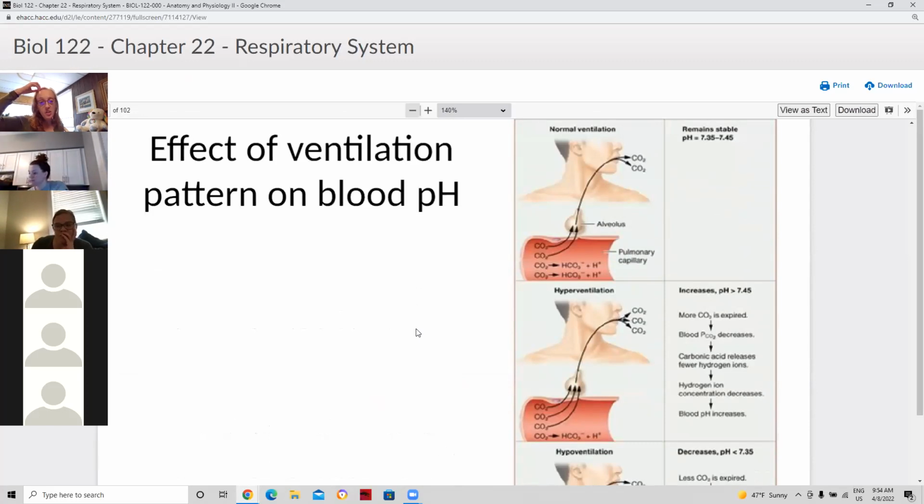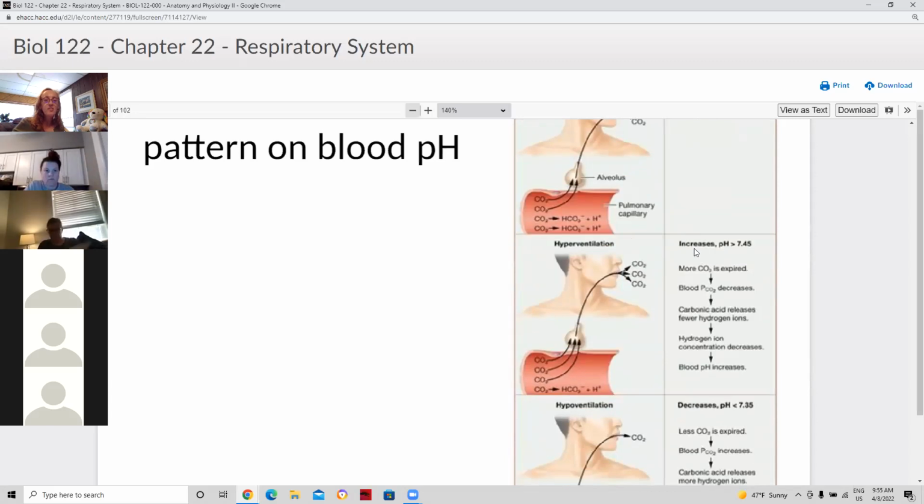Effect of the ventilation pattern on blood pH. Normal pH is between 7.35 to 7.45. If the pH increases, meaning it becomes more basic, more CO2 is being expired. And if you're giving up more CO2 into the atmosphere, what's happening to your blood pH?